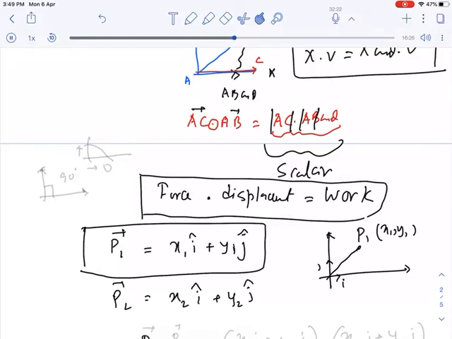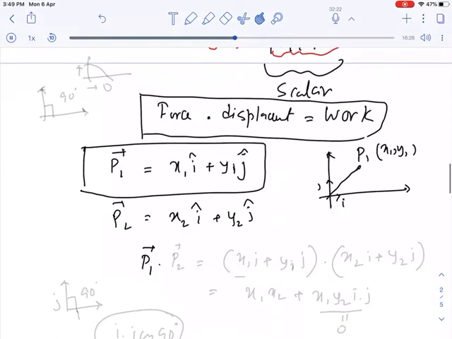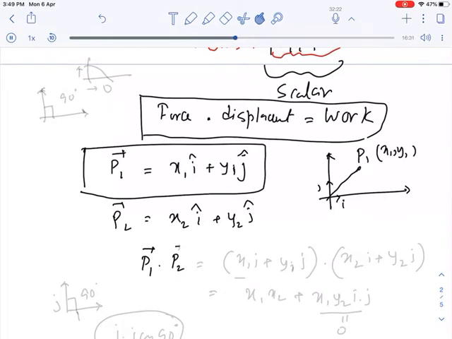Then if I take the dot product of P1 and P2, P1 dot P2 will be x1 i plus y1 j dot x2 i plus y2 j.